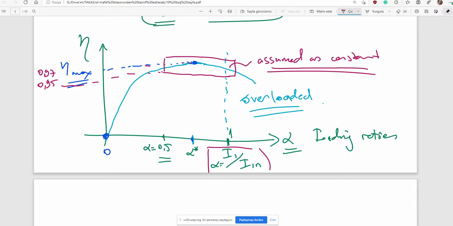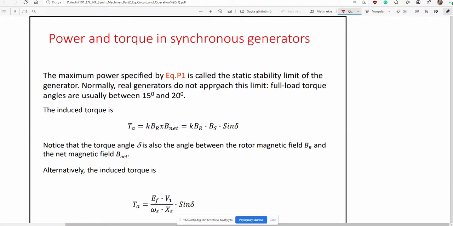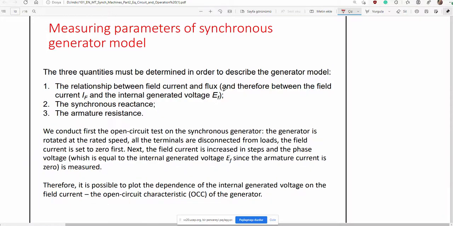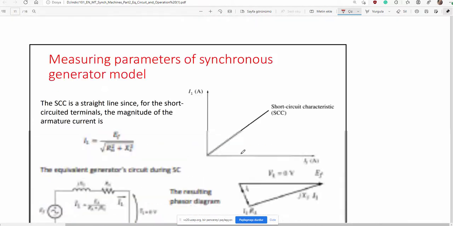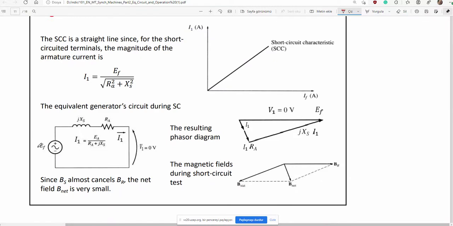And then today we continue on how to find equivalent circuit parameters. In the equivalent circuit, you know, there is EF, a dependent voltage source, there is XS in terms of XA and X sigma, the leakage reactance, and armature resistance. How can we find out or calculate those items?